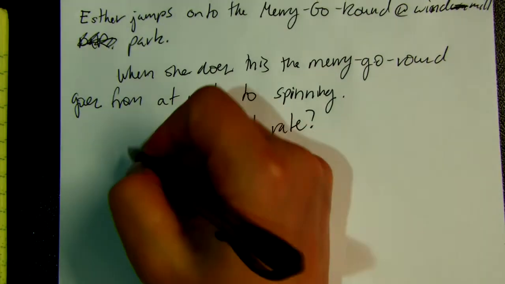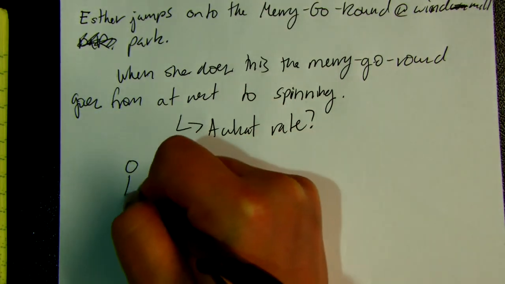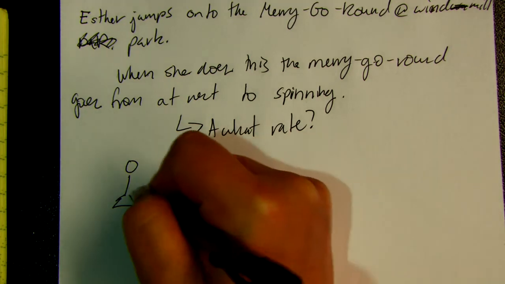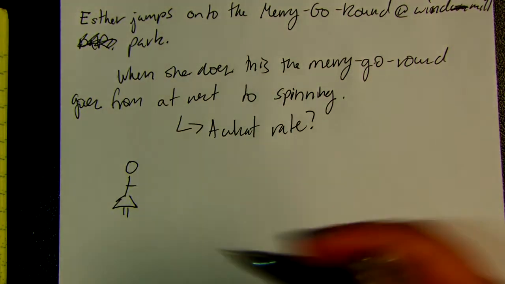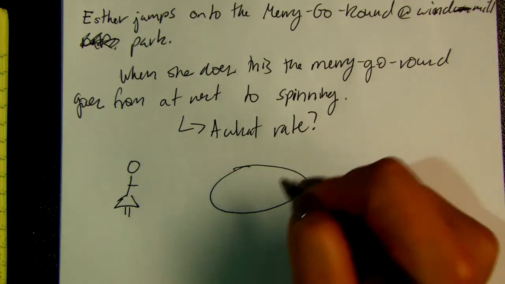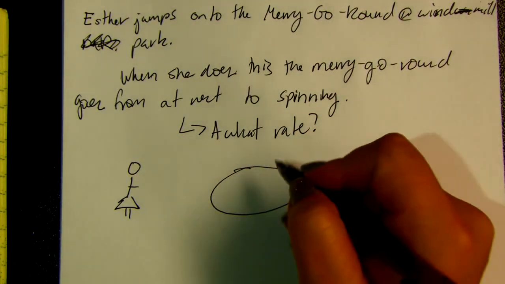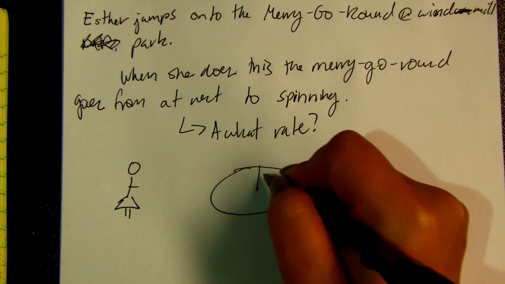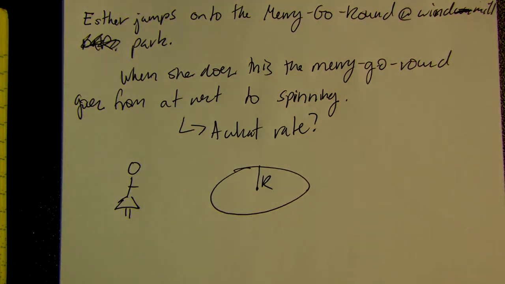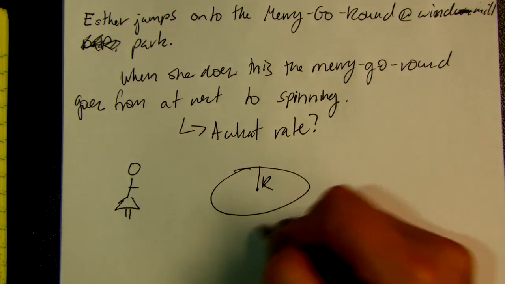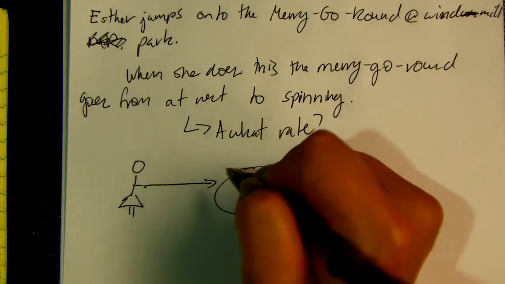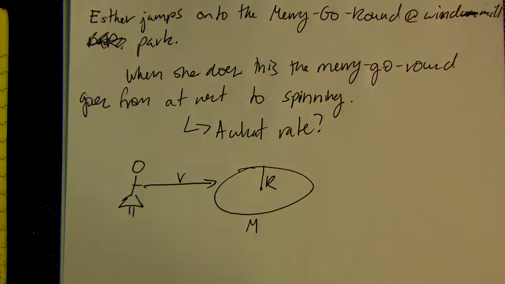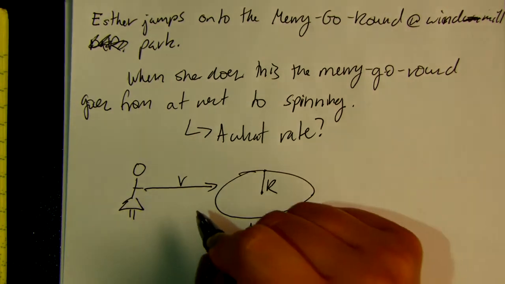Okay, so basically what we have, here's Esther, fountain of endless energy, and a very long torso apparently, running towards a circle, which has been distorted, of radius r, mass m. She runs towards it in a straight line, and she's going to jump here.